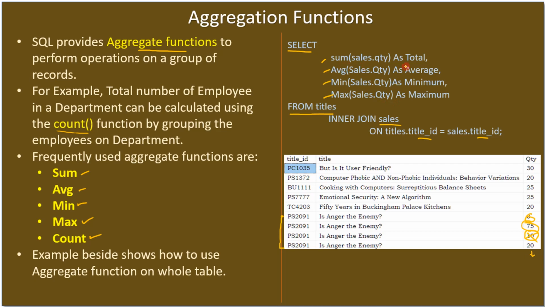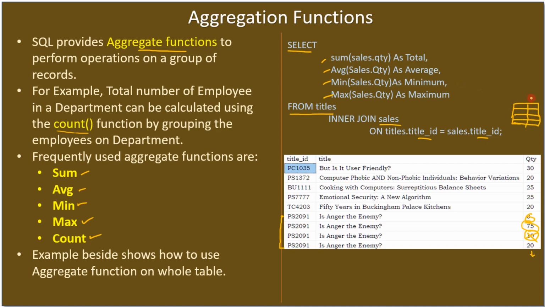So ultimately all these aggregate functions are applied to the entire record set. Say for example, here we are performing the join, right? If we assume it returns, just for example, 4 records, then in those 4 records we are picking the quantity column.